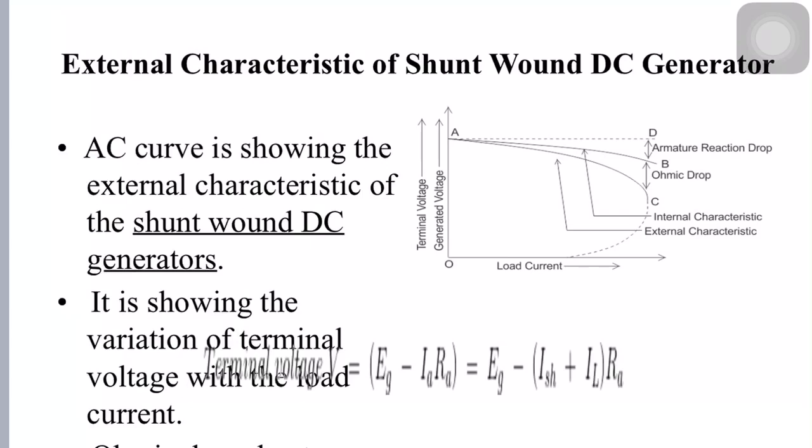So IA equal to ISH plus IL, so we can write the expression for terminal voltage V equal to EG minus (ISH plus IL) into RA. In the diagram, DB is representing the armature reaction drop, and BC is representing the ohmic drop. Because of these two reasons, when the generator is loaded, we get a lesser voltage. This voltage drop is due to armature reaction and ohmic drop.